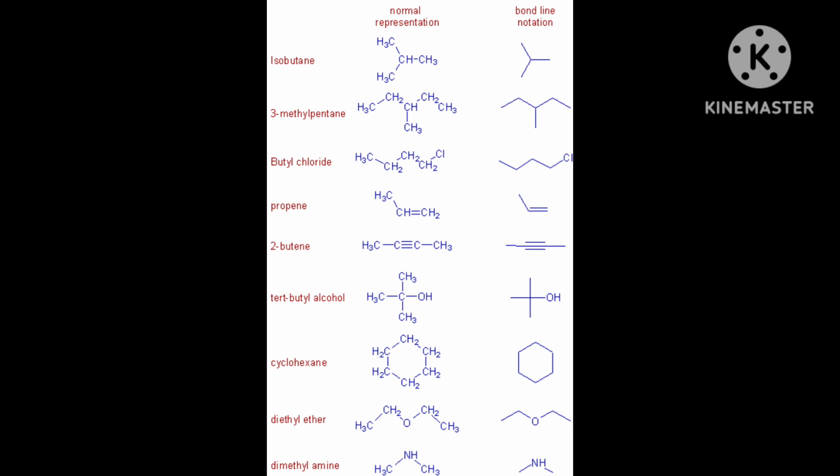This is one form to write the condensed formula. This is the first way to write a condensed formula. Now you can write in a simple way, CH3, CHBr, because 1 hydrogen is gone and 1 bromine came.